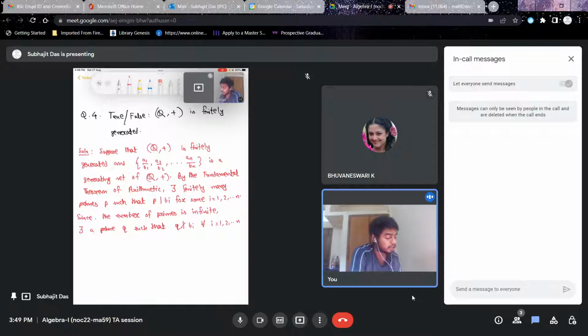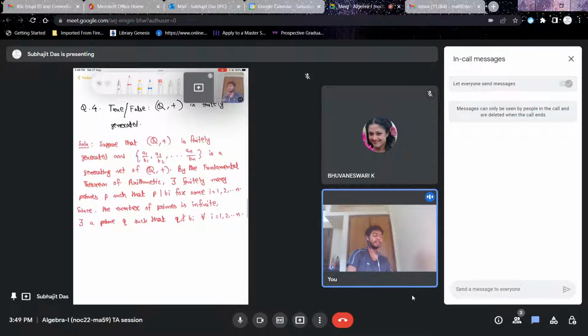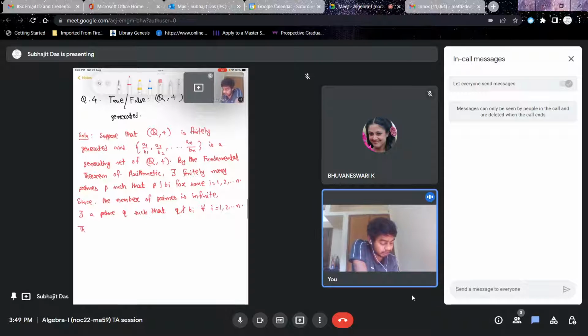So we get some prime q which divides none of the denominators. Then you can check easily that 1 over q doesn't belong to the subgroup generated by A1 by B1 up to An by Bn, right?